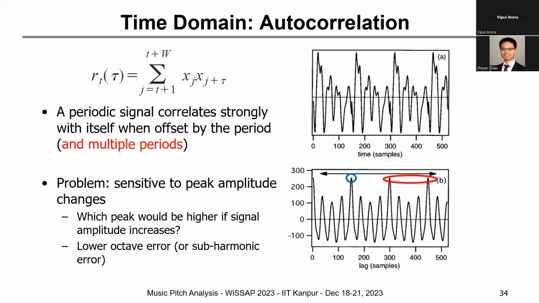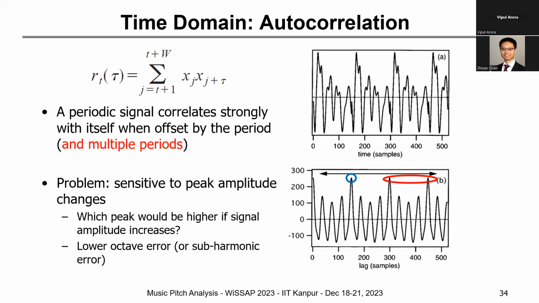The horizontal axis is the lag, or tau, and the vertical axis is the autocorrelation function value. You can see that when the shift is the period, say about 150 samples here, we have a very high autocorrelation value.